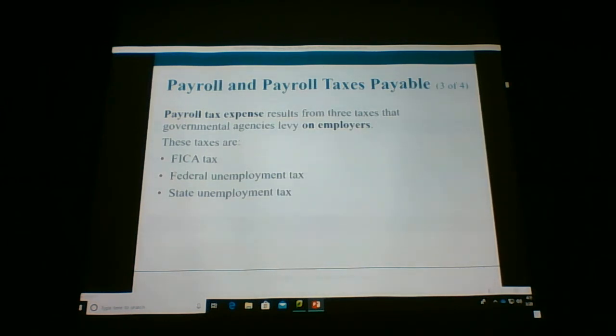These are separate taxes that the employer pays as a business expense. And until they pay them, they have an obligation or a liability, a current liability, because these are due at the absolute most every 3 months. For some employers, these are due much more frequently. In fact, after every payroll for most large companies.